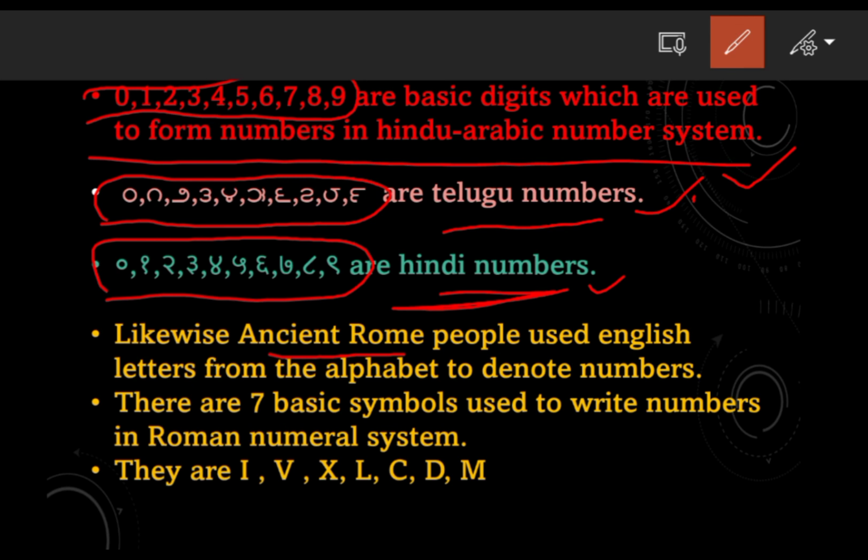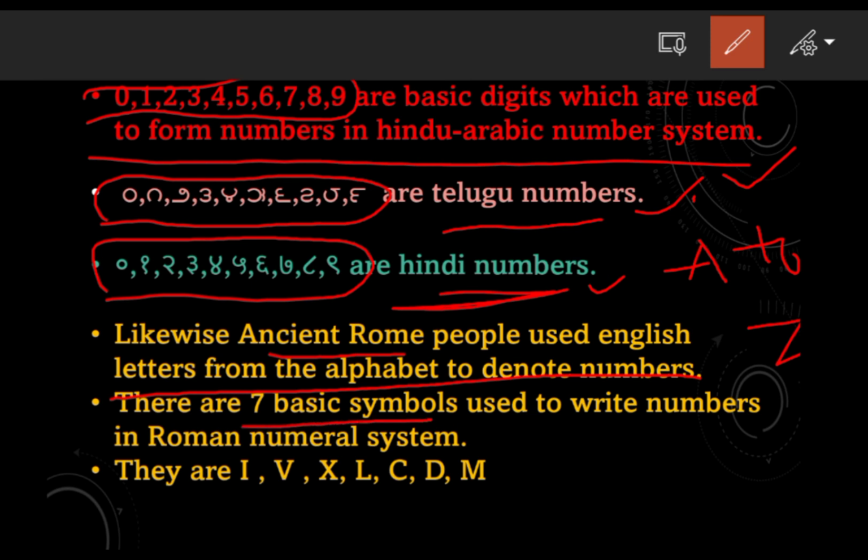So they used the English letters in the alphabet to denote numbers. Do you know what an alphabet is? Alphabet is nothing but letters from A to Z. So you all learned this, right? So A to Z letters, we call it the alphabet. From that alphabet, they have taken 7 symbols.